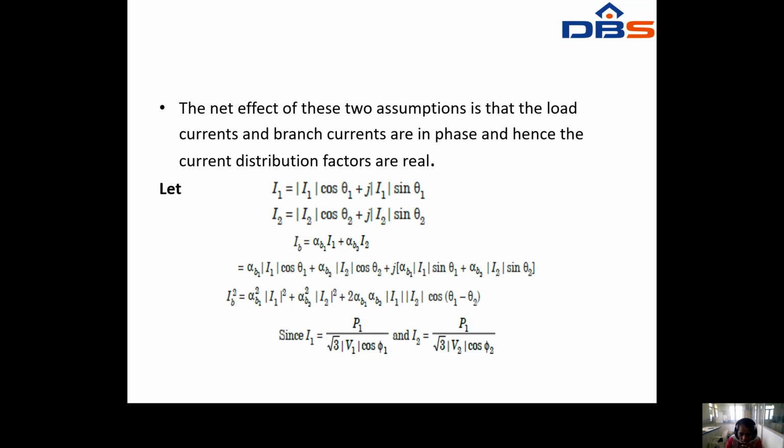Here I1 equals P1 by root 3 V1 cos phi 1 and I2 equals P2 by root 3 V2 cos phi 2.